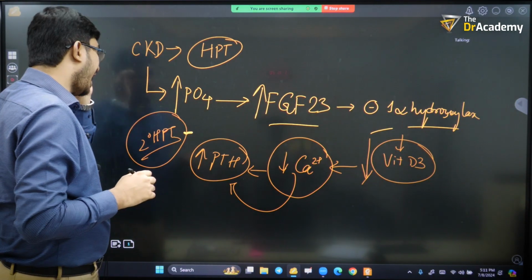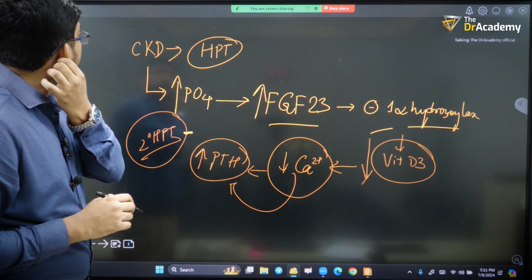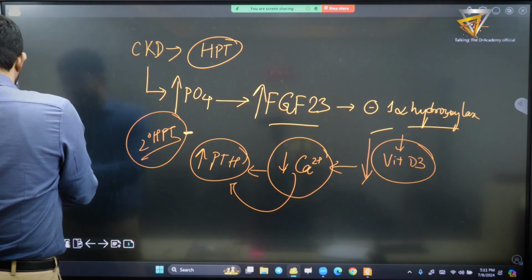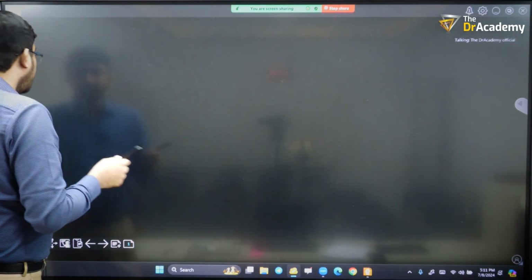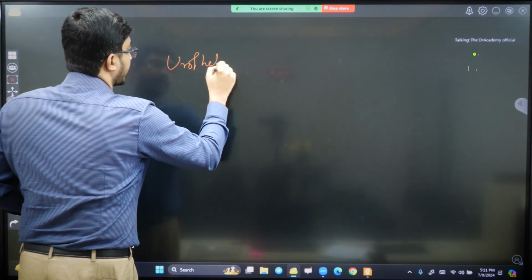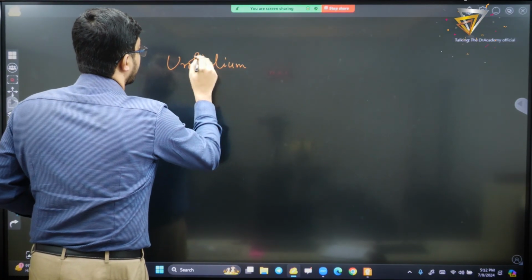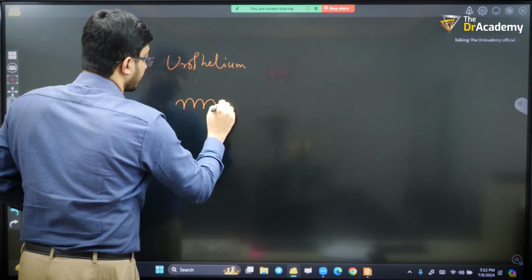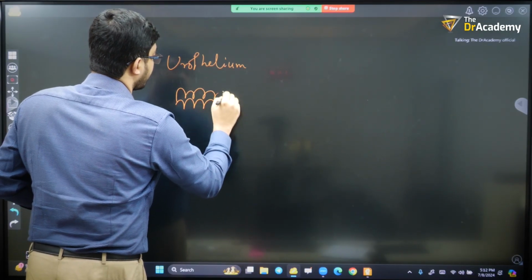Okay, and we know that urinary tract is lined by urothelium. Okay, urinary tract is lined by urothelium, the multiple layer of squamous like epithelium.